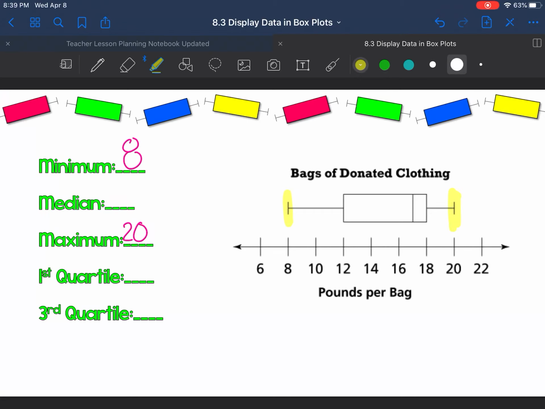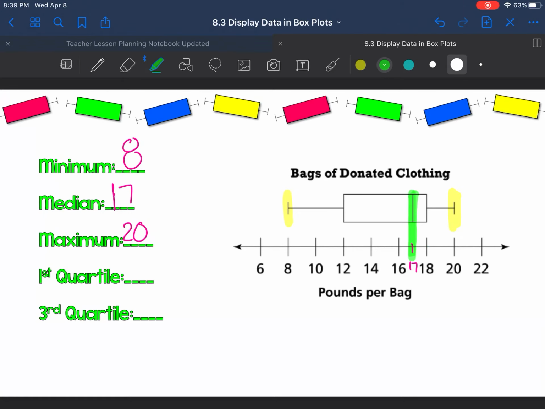Now, the median, remember, is the middle. So what is the middle line on the box? That is right here, the middle line on the box. It looks to be halfway between 16 and 18. And we know that halfway between 16 and 18 is 17.